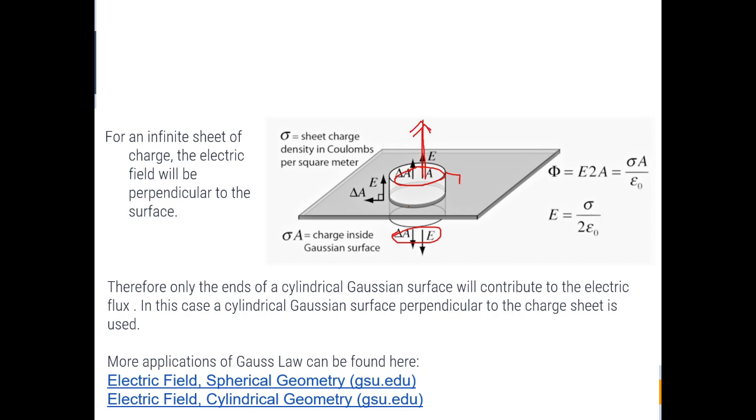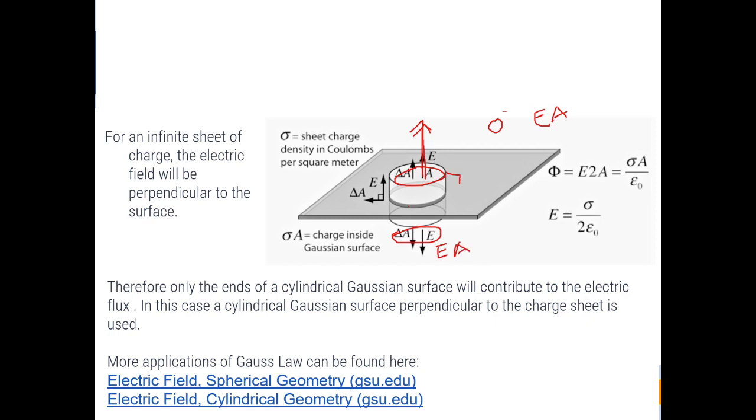The angle between field and the area is 0 degrees, which means cos 0 is 1. So you just have E times A as the net flux across this area of the pillbox. Similarly, on this side also the flux is E times A, and what we're left with is a curved surface.